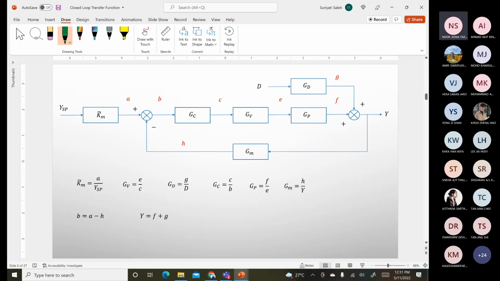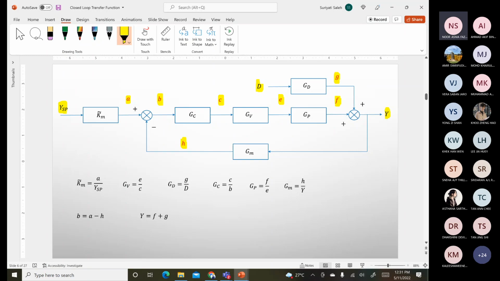So let's take a look. In this case, we use the standard block diagram where we have Y as our output, D as our input, and YSP as our second input. And in this case, I put the labels A, B, C, D, E, G, F, and H. Why do I put these?